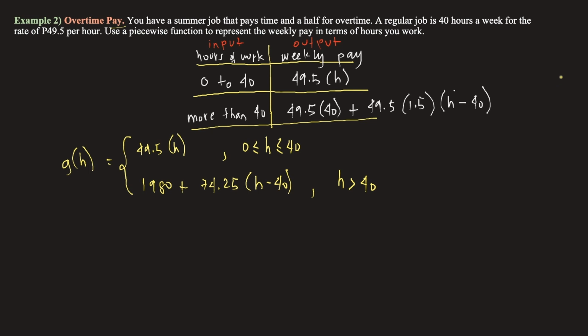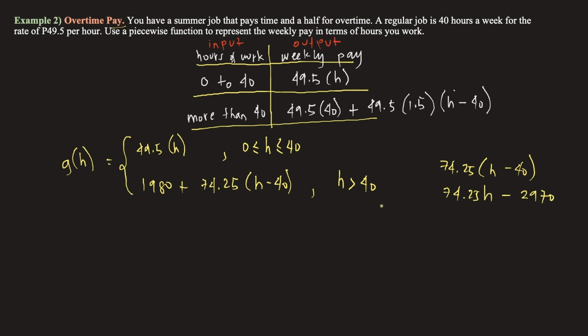Now we're almost done, except that we need to express this second line as simply as possible. You have 74.25 times h minus 40. By using the distributive property, we will have 74.25h minus 2970.